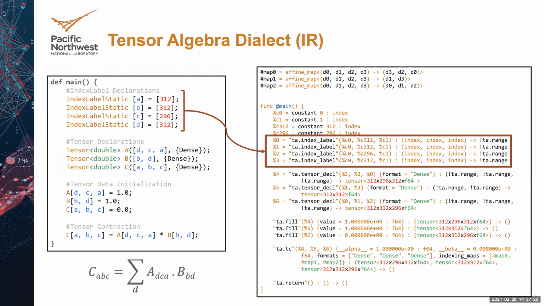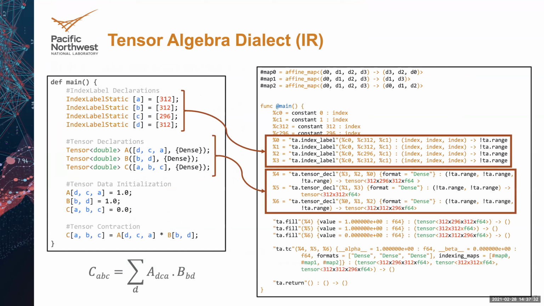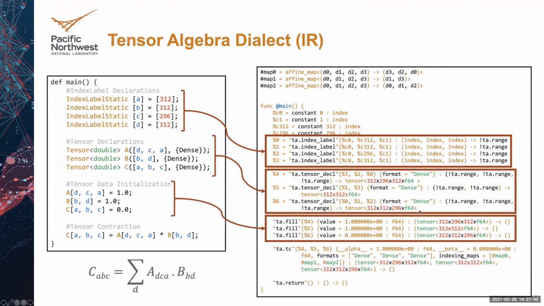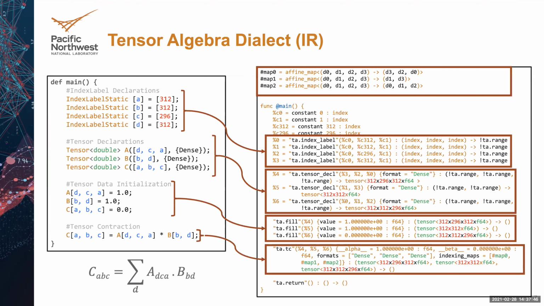For example, here we see how index labels are expressed in the IR, and the tensor declarations as well. Here we can see that the format is also expressed this way, and the initialization of the tensor and the ta.tc tensor operation.